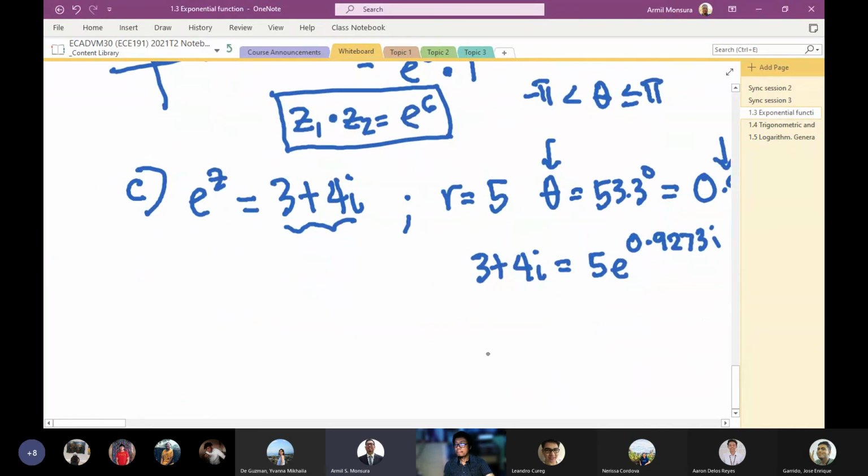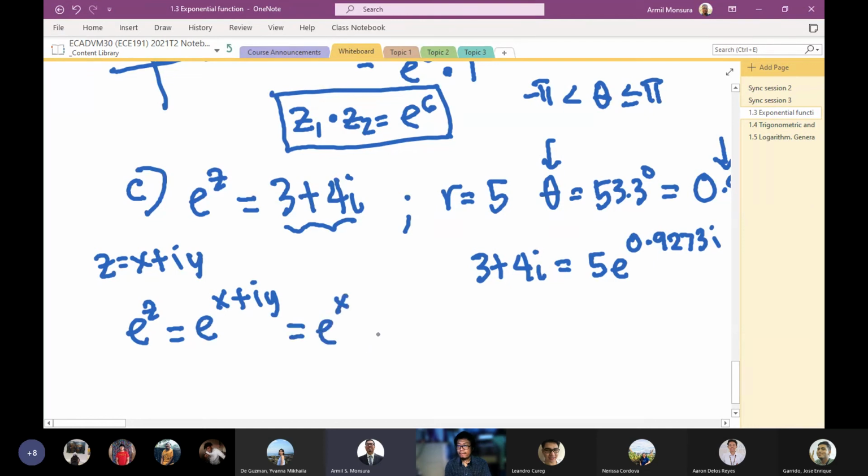Okay. Now, your e raised to z, and if z equals x plus iy, that means that e raised to z equals e raised to x plus iy, which is also equal to e raised to x times e raised to iy.